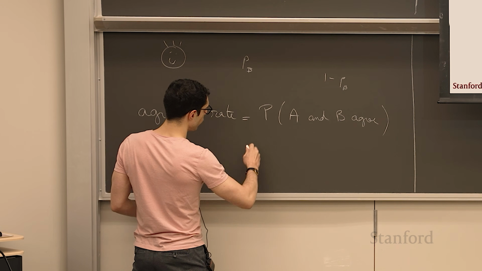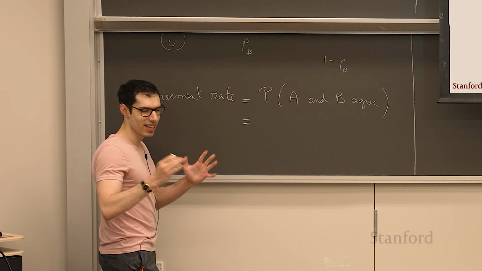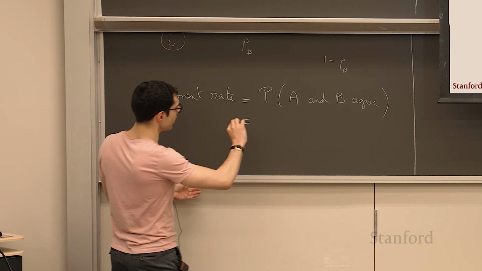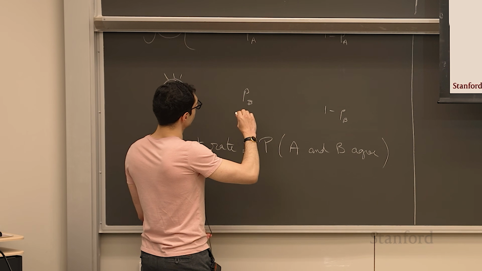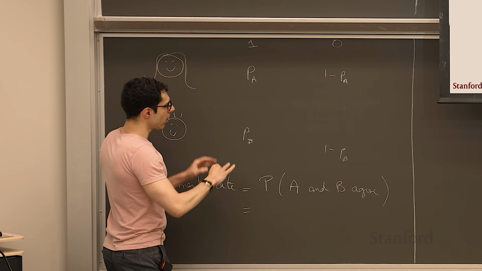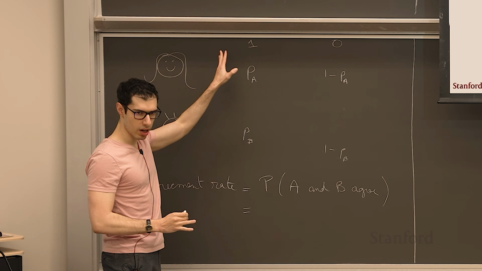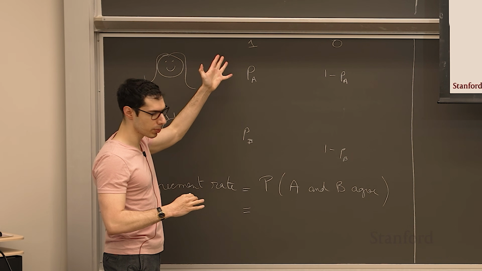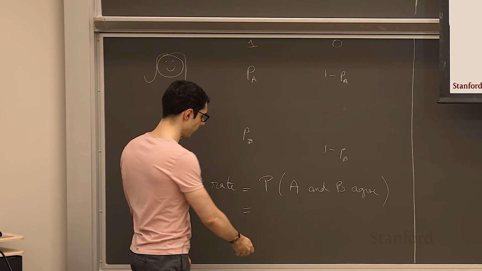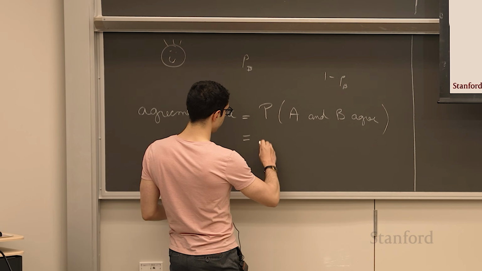well, if you use these probability concepts that you know, then we will have the probability of A and B responding 1, which is the probability of A responding 1 times the probability of B responding 1, and same for 0. So we will have something like this.